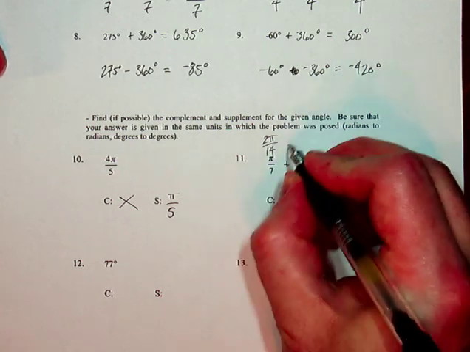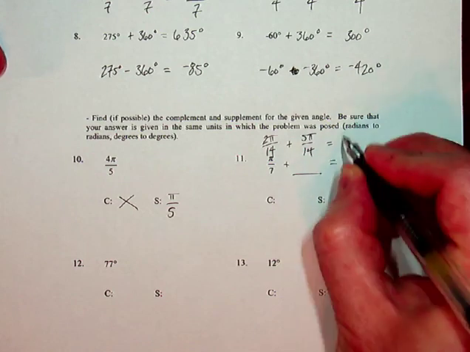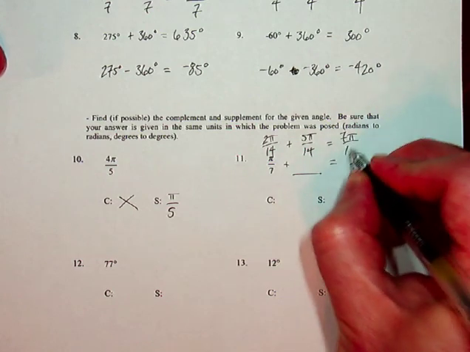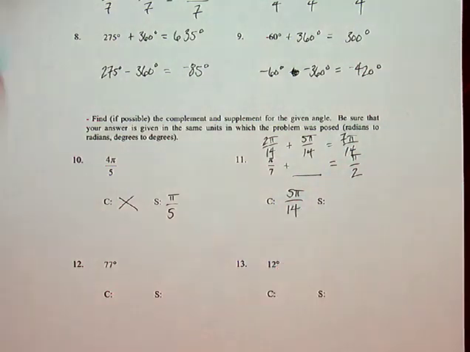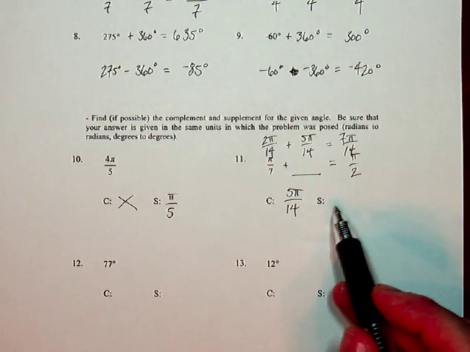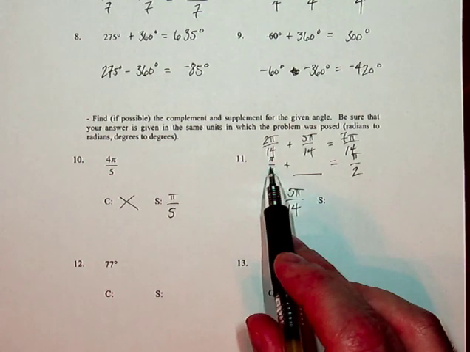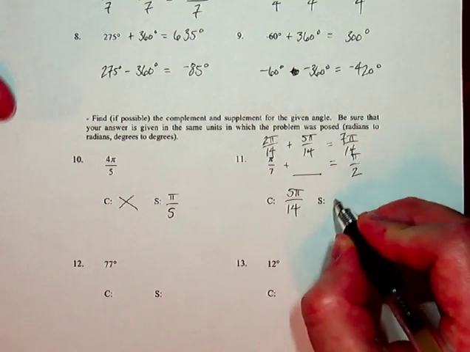But you can add 5 pi over 14 to make 7 pi over 14, right? And that's what the answer is for the complement. Now, if you're looking for the supplement, how do I get it to be just pi? Well, if you have 1 pi over 7, you add 6 pi over 7 to that, and you get 7 pi over 7, or pi.